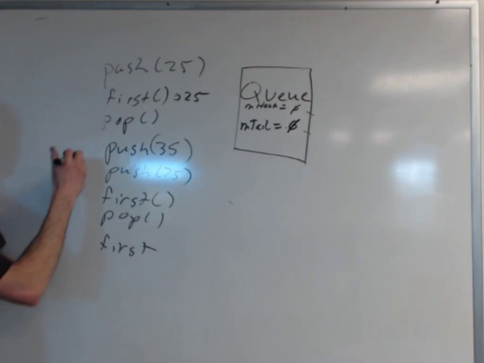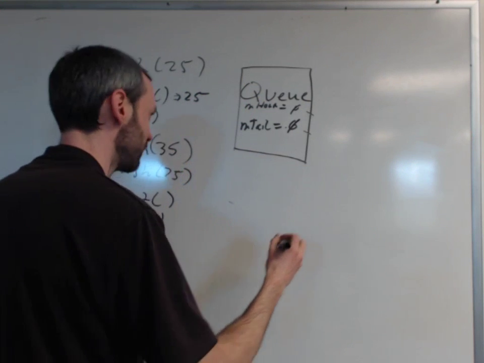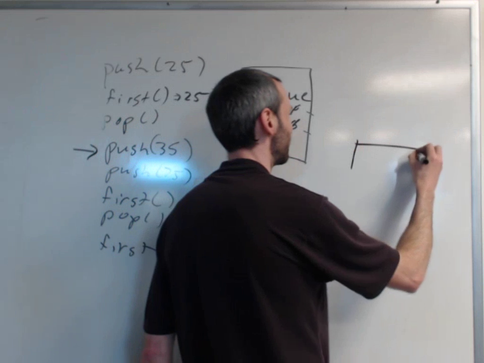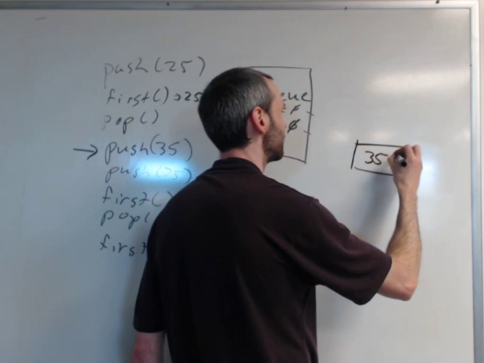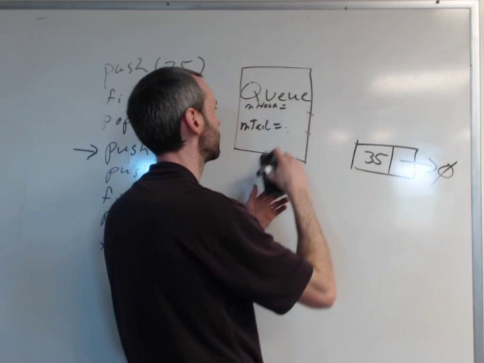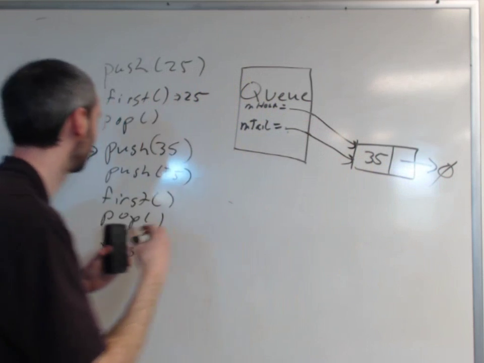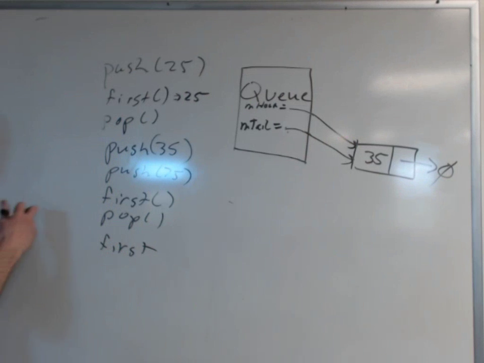We're going to push 35. What happens? Exactly what you just erased for 25, except for 35. All right, we're going to push 75.